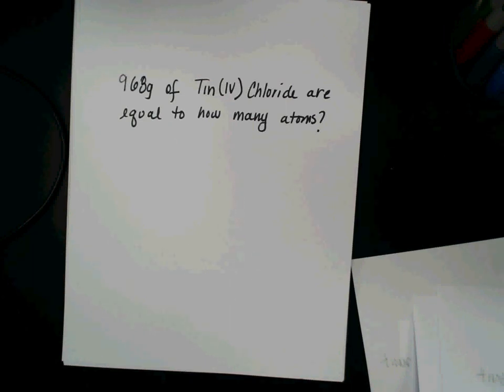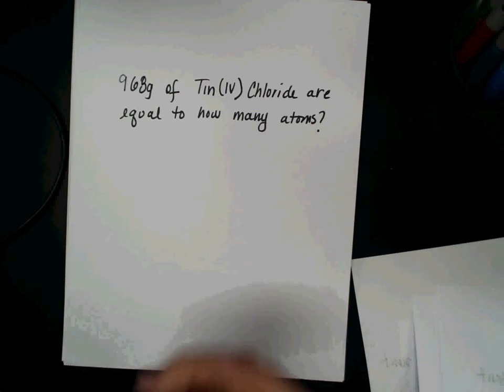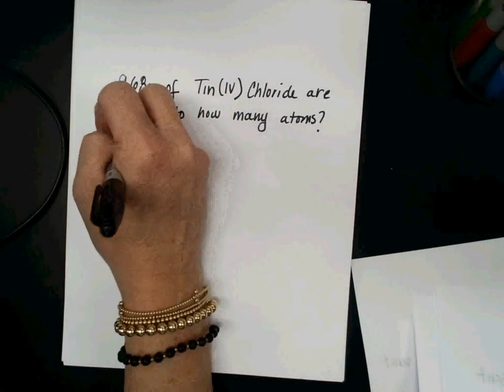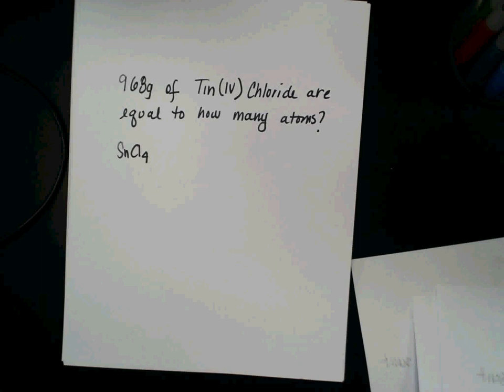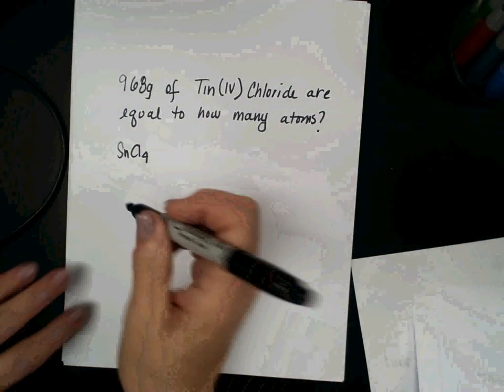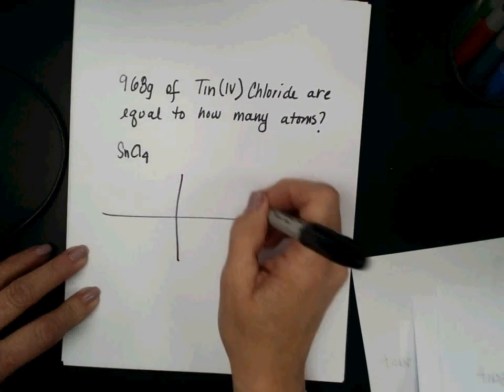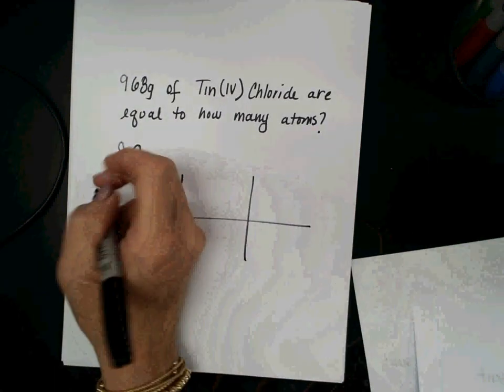When you have how many steps and when you have the formula, did you already calculate? Are you lying to me? Okay, Maria, what's the formula? SnCl4. Raise your hand if you got that. All right. Ava, how many steps? 3. Good. All right.